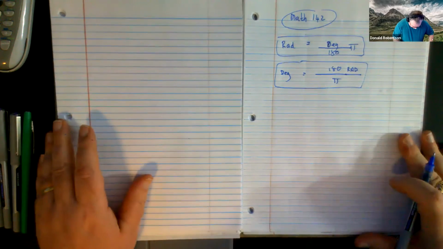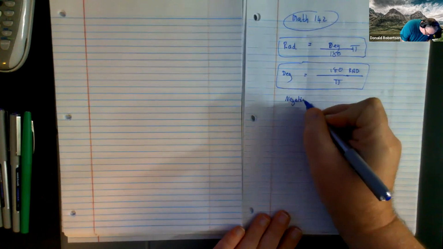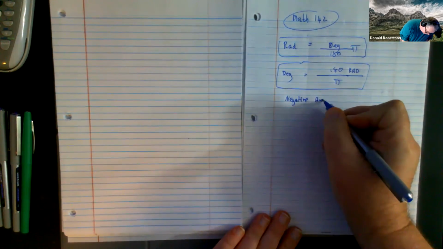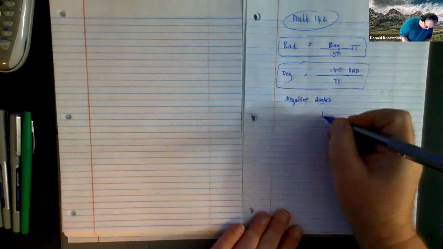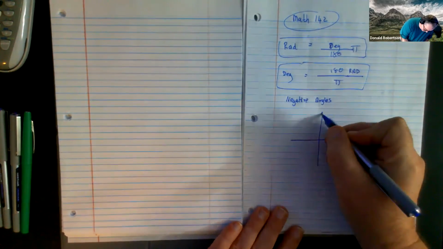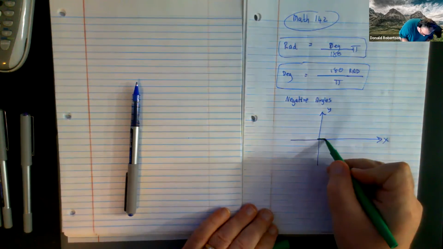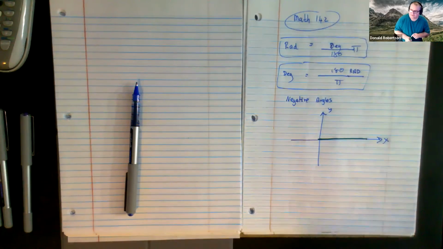Let's now delve into some of the more interesting or unusual versions of using that. Let's look at negative angles. Now, the normal way, whether it's radians or degrees, it doesn't matter, we measure angles by always starting on the x-axis. That's our first arm.